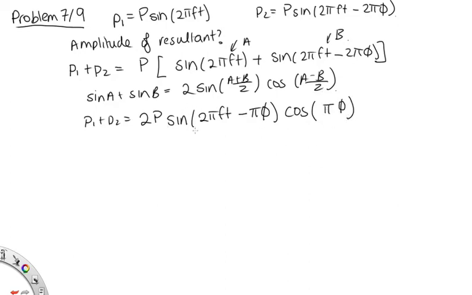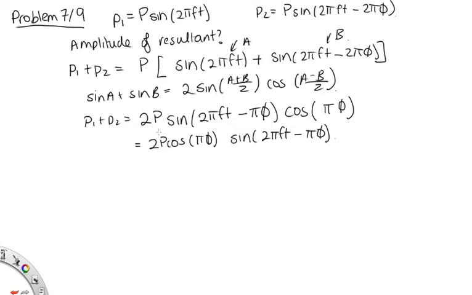Okay, so this part here is just our wave expression, and the 2p cos pi phi gives us the amplitude. So we've got 2p cos pi phi sine 2 pi ft minus pi phi.